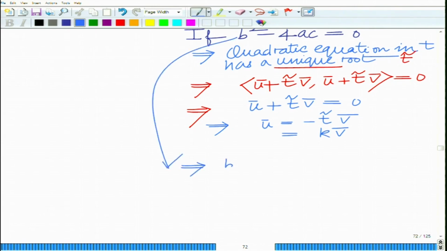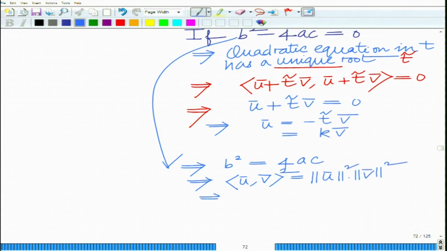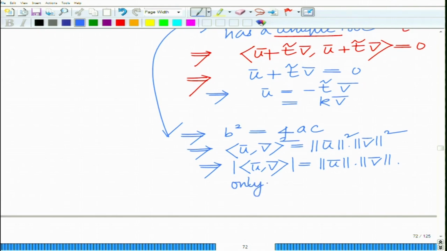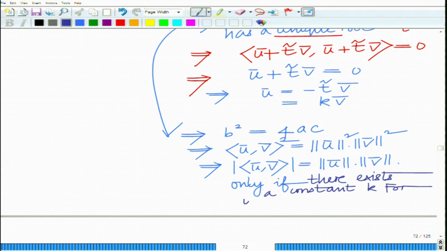So, what this means is we show that b square minus 4ac equals 0. This implies b square equals 4ac, this implies the inner product of u bar comma v bar squared equals norm u bar into norm v bar squared, or this implies the magnitude of the inner product of u bar comma v bar equals norm u bar into norm v bar only if there exists a constant k for which u bar equals k v bar.